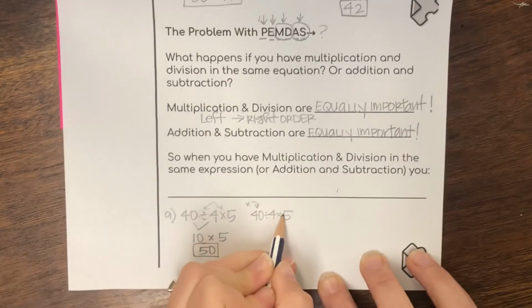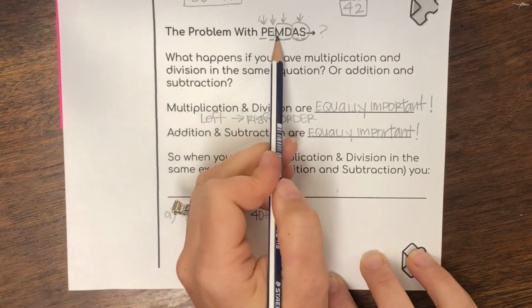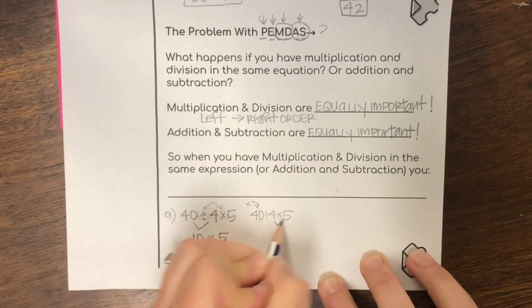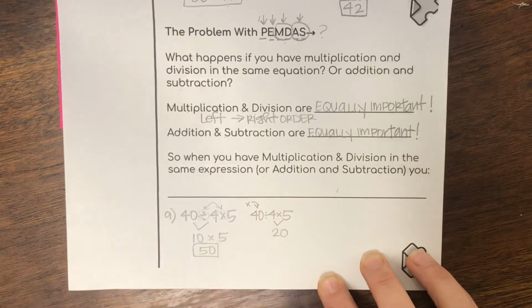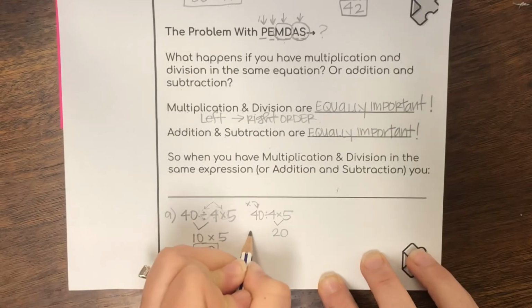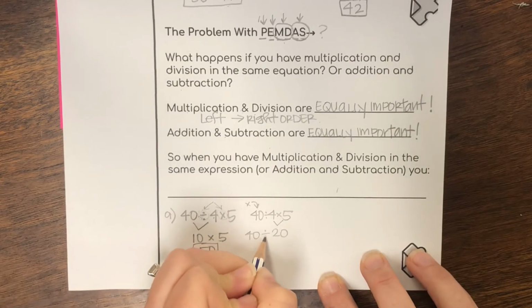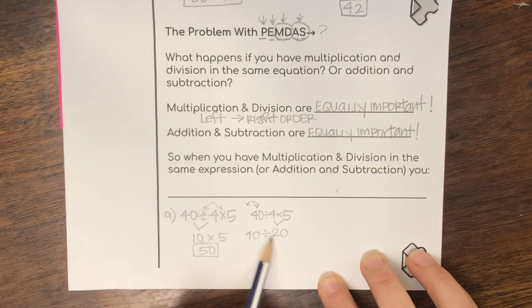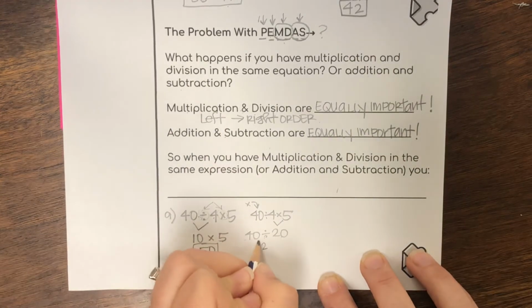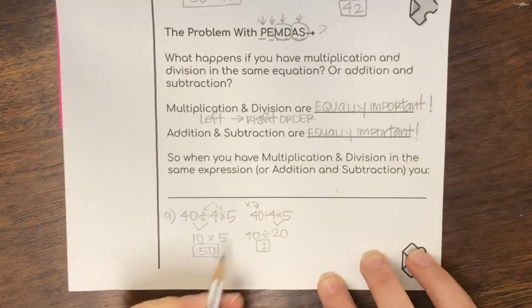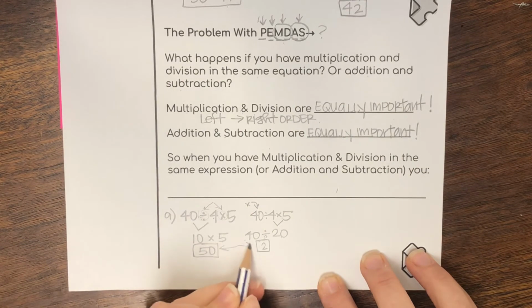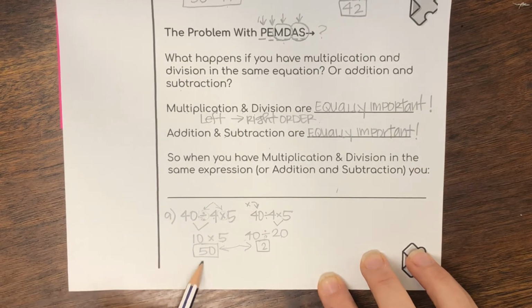If I chose to do the multiplication first because it comes first, like in PEMDAS, I would do 4 times 5 first, which would give me 20. And then 40 divided by 20 equals 2. Completely different, right? If somebody owed you $50, wouldn't you be a little upset if they gave you $2 instead? Not even close to the same.